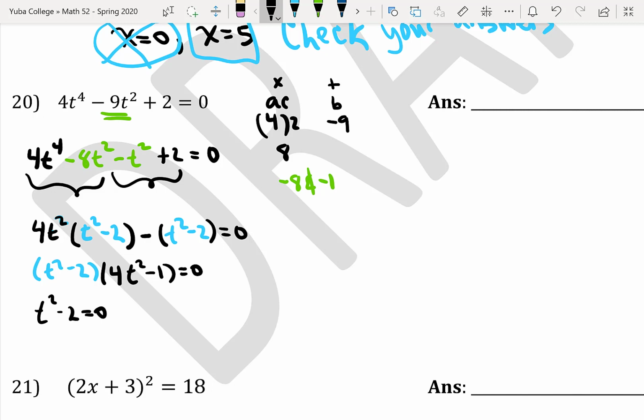We're also looking at when 4t squared minus 1 equals 0. There are a couple of different ways we can do this. We can use the square root method, isolating the square. I also notice that this is a difference of squares, so it factors as 2t minus 1 times 2t plus 1. Set each factor equal to 0 and solve for t.